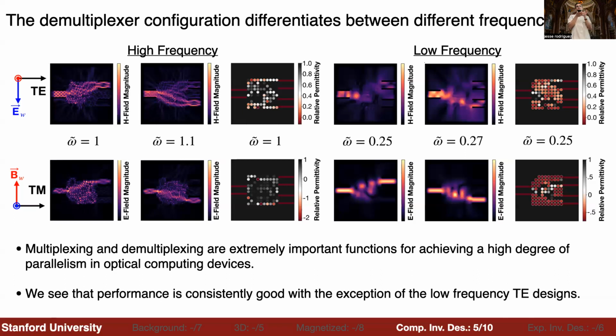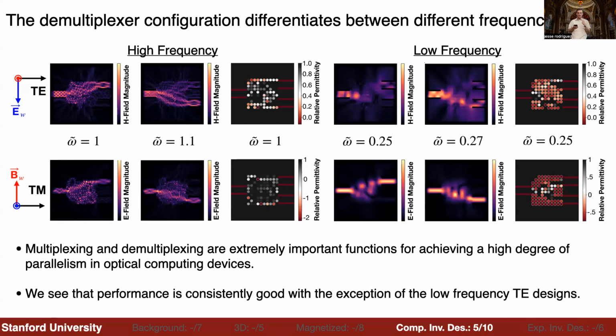And if your device is able to split those frequencies apart or do different operations on the different frequency bands, then you can achieve that parallelism without any cost to your device, any heat or anything like that. And with the exception of the low frequency TE designs, where you're coupling into those localized surface plasma modes that I mentioned before, you're getting that loss by coupling into those modes. We see consistently good performance.